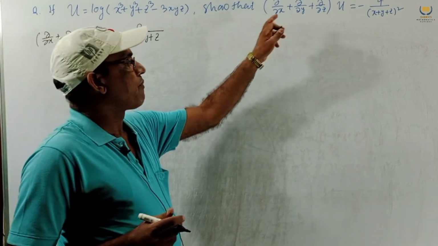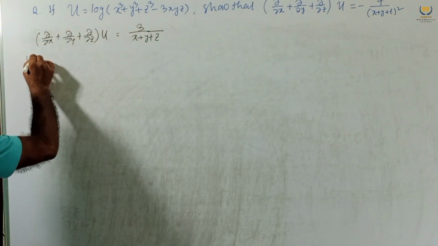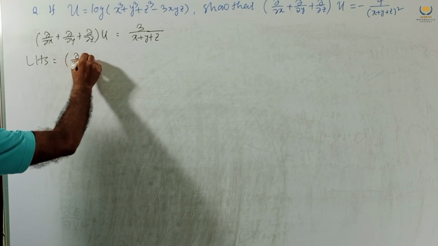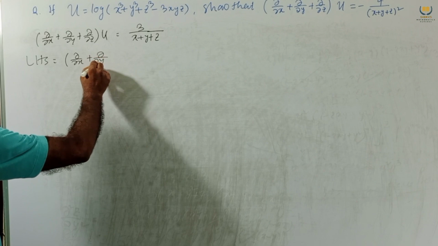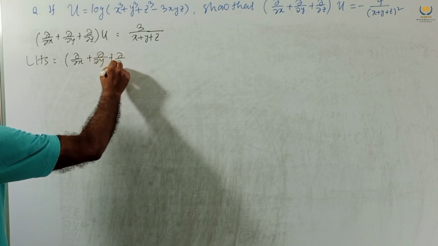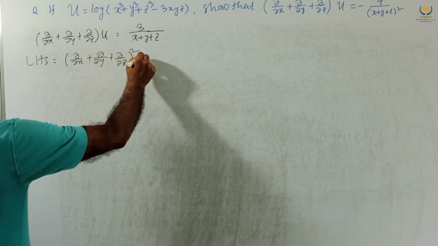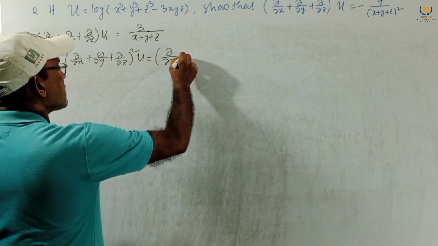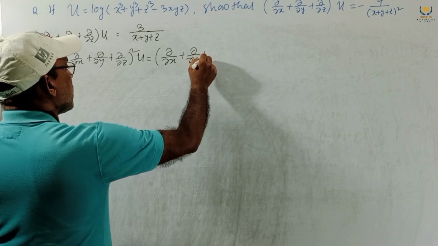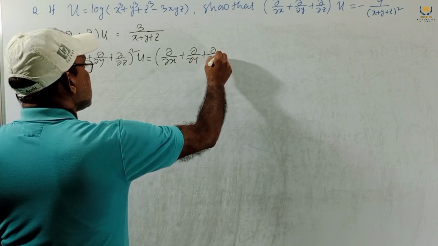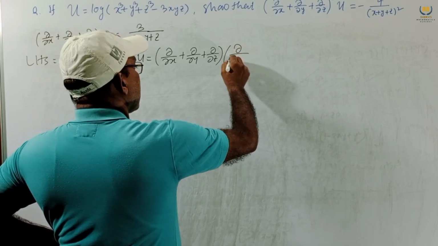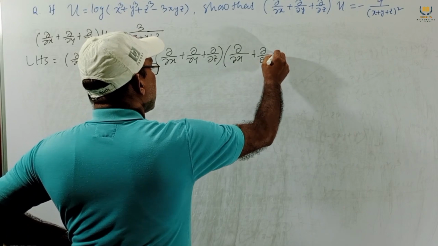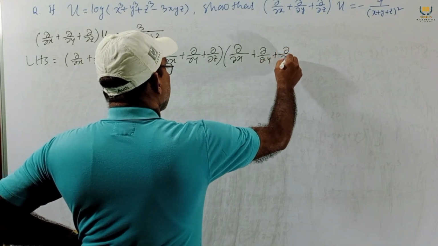Now taking the left hand side: del by del x plus del by del y plus del by del z whole square of u, we can write as del by del x plus del by del y plus del by del z into del by del x plus del by del y plus del by del z of u.